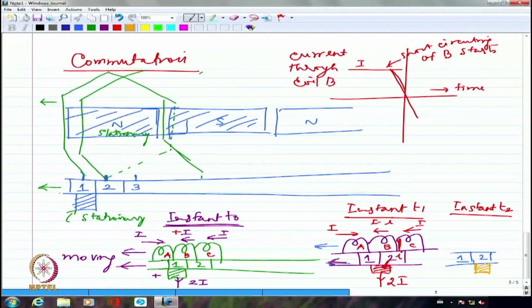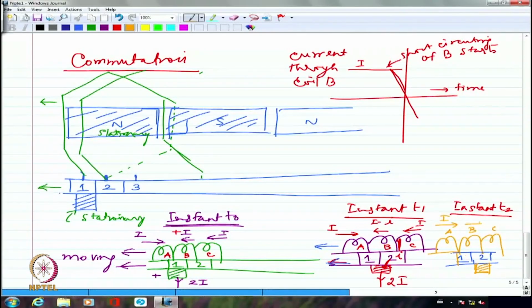Let me draw again the coils. So between 1 and 2 again B. Here is A, C, and here is A. Right? This is how it is. Now please note that this is I. That has not changed. Now there is no collection of current from here.